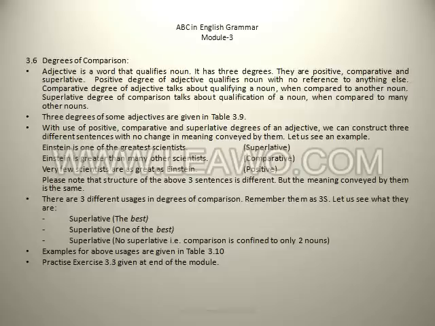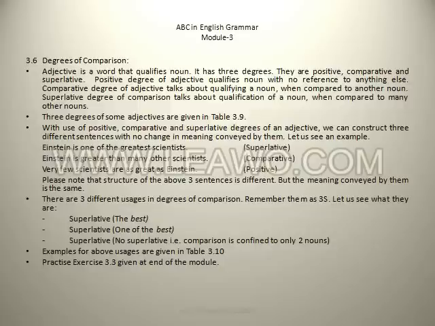Einstein is one of the greatest scientists. Einstein is greater than many other scientists. Very few scientists are as great as Einstein. Please note that the structure of the above 3 sentences is different, but the meaning conveyed by them is the same.